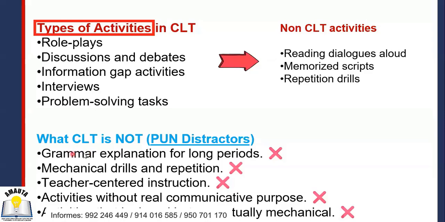When there are grammar explanations for long periods, right? This is definitely not a CLT activity, right? Okay. For example, mechanical drills or repetition without communicative purpose, right? This is another distractor. You should identify quickly that these are not about this approach, right?